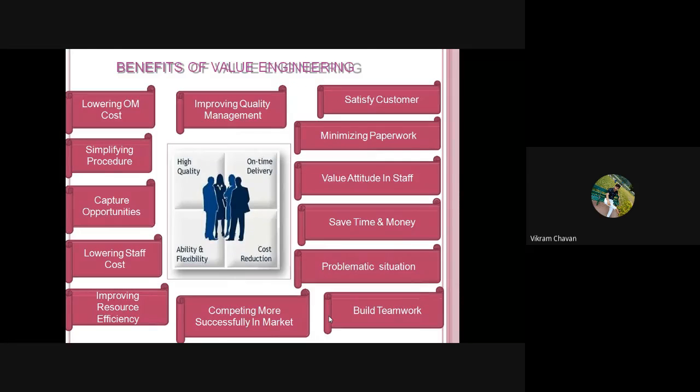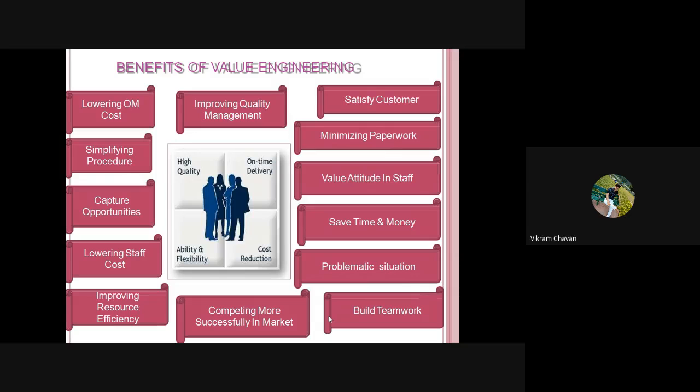Next one is the benefits of value engineering. Write down the heading, benefits of value engineering.